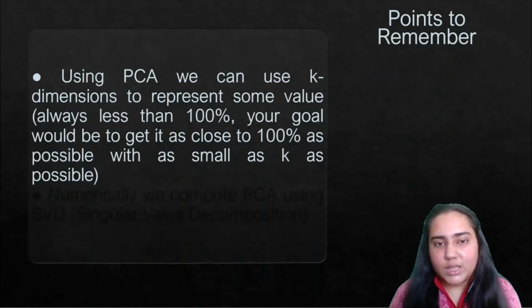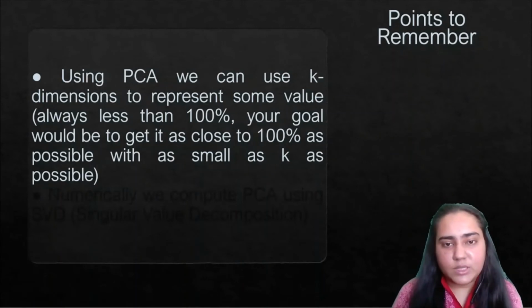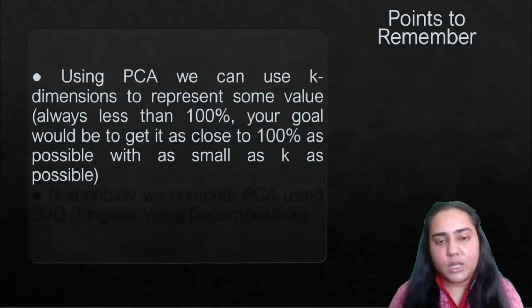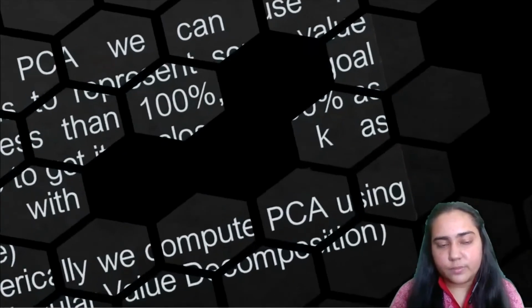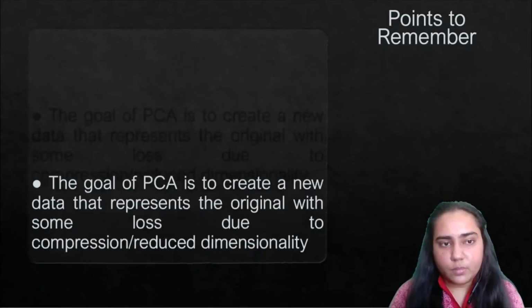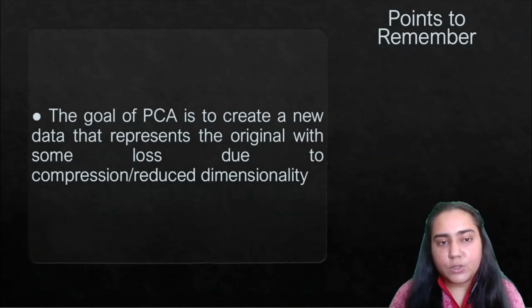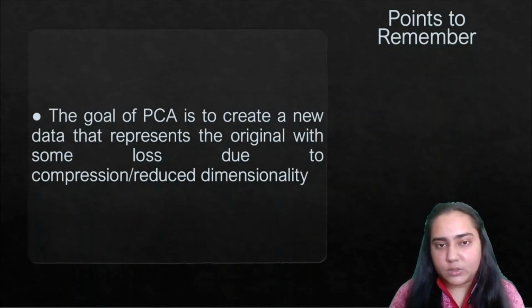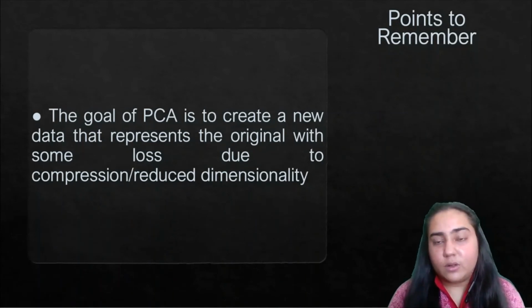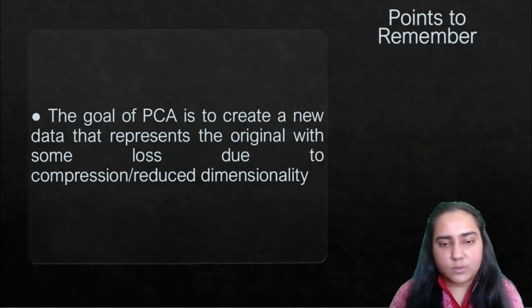You want the information to still be as close to 100% correct as possible with the least number of dimensions. And numerically, to compute PCA, you use a technique called SVD, which is singular value decomposition. The goal of PCA is to create new data that represents the original with some loss due to compression or reduced dimensionality. So there is a loss of information, but not a lot, just some loss.